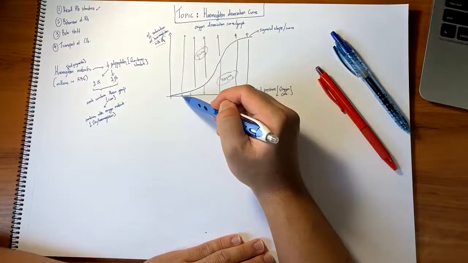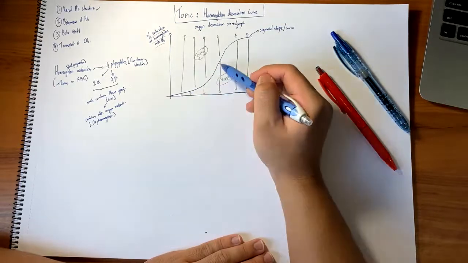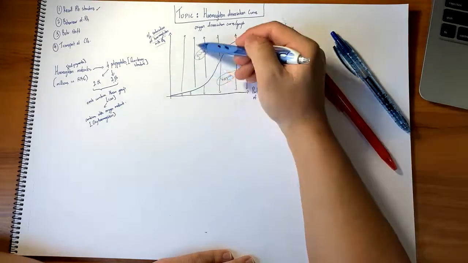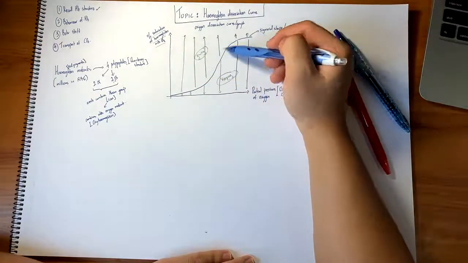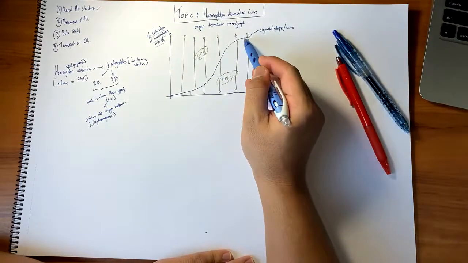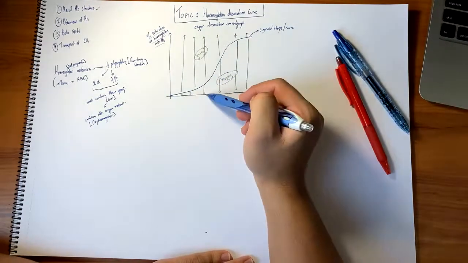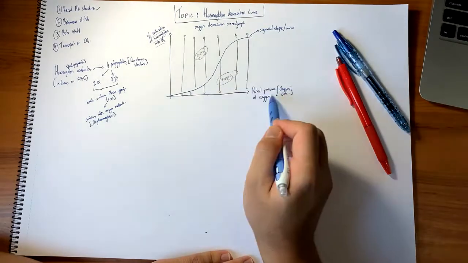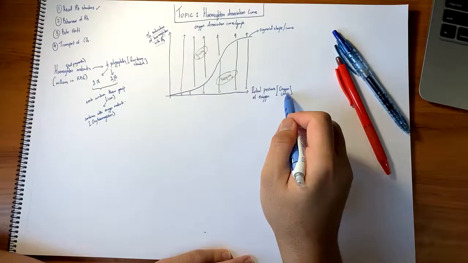Berapa banyak yang hemoglobin itu simpan? Berapa banyak oksigen yang ia simpan? Okay. Whereas kalau yang atas, berapa banyak oksigen yang ia bagi? Okay. And this behavior will change according to the partial pressures of oxygen, according to the oxygen concentration available.